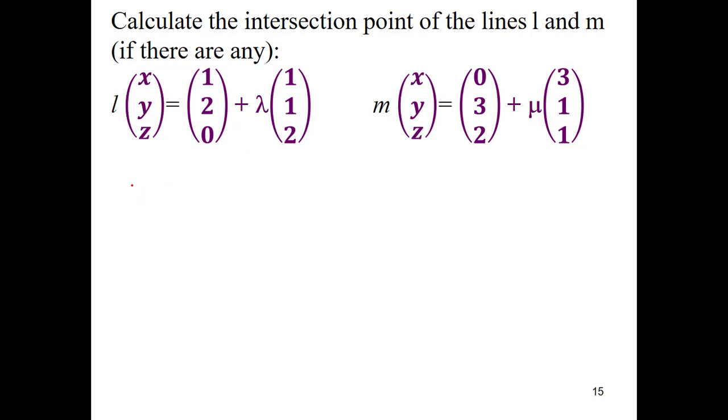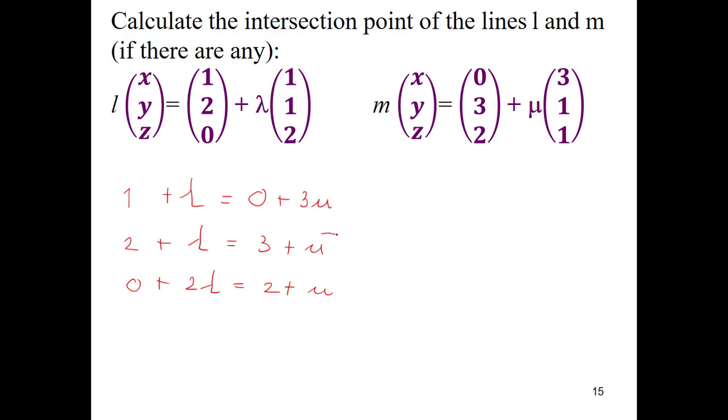If we want to calculate the intersection point, then we have to say, okay, 1 plus lambda equals 0 plus 3 mu, and 2 plus lambda would be 3 plus mu, and then 0 plus 2 lambda would be 2 plus mu. So now we have three equations with two unknowns. So we can use two of them to solve the puzzle.